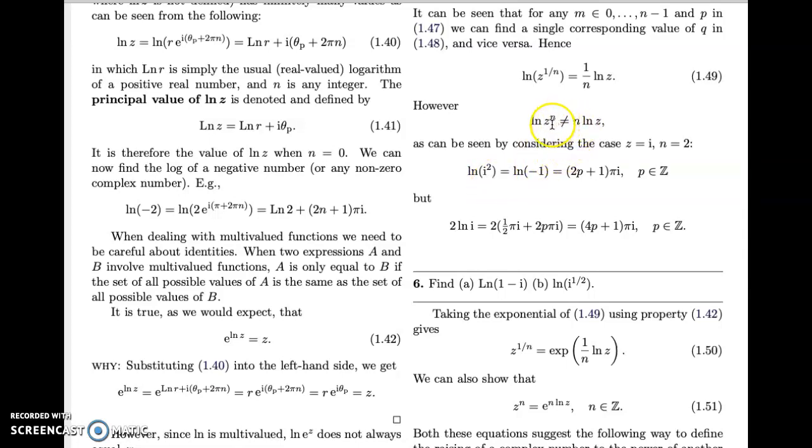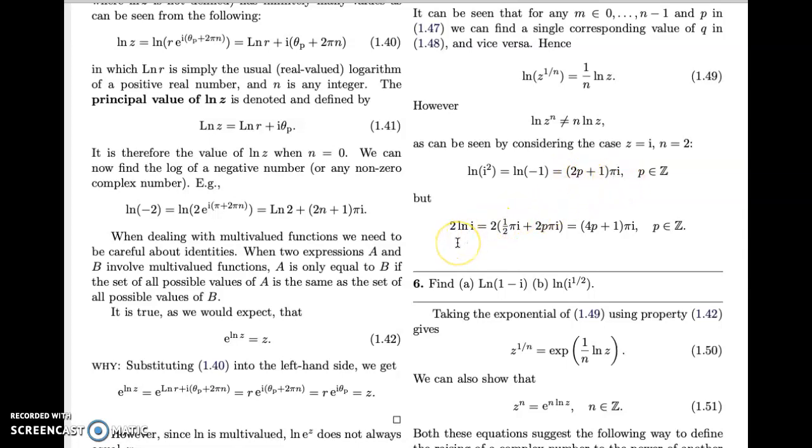n equals 2, z equals i, so we've got log of i squared, log of minus 1. So log of minus 1, the modulus is 1, so log of r is 0. And we just get the argument times i, which is iπ plus multiples of 2π. So we just get that.